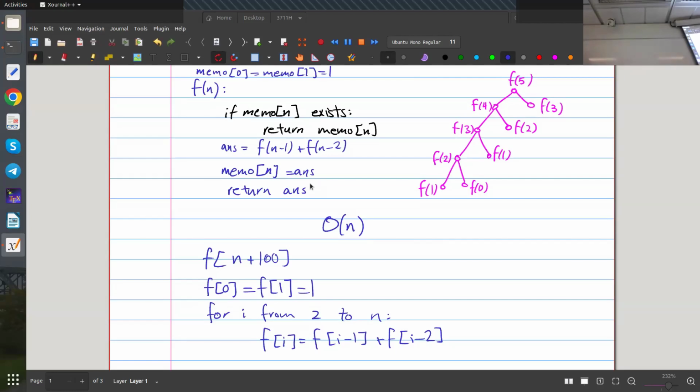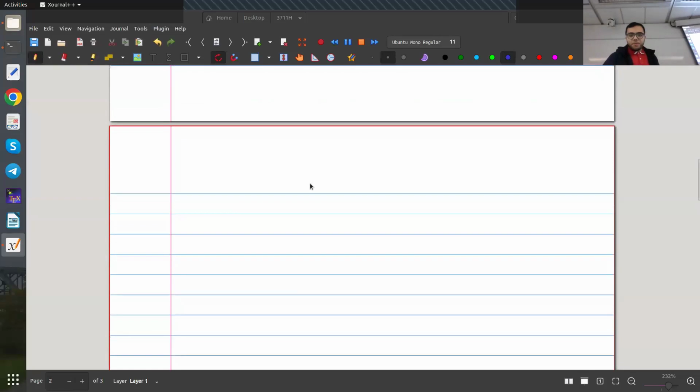So when I want to calculate f of 3, I depend on f of 2 and f of 1. So I have to always be sure that f of 2 and f of 1 are calculated before f of 3. But this problem of dependencies, having a bunch of things that have dependencies, we've seen this before. This is topological sorting.